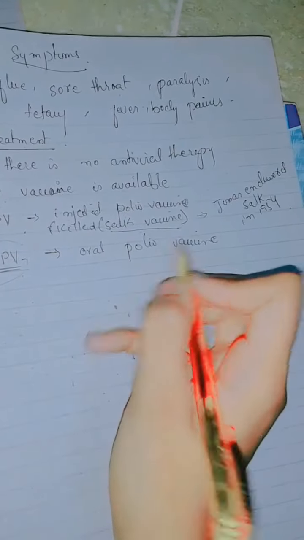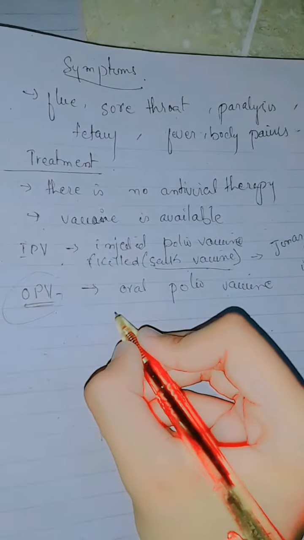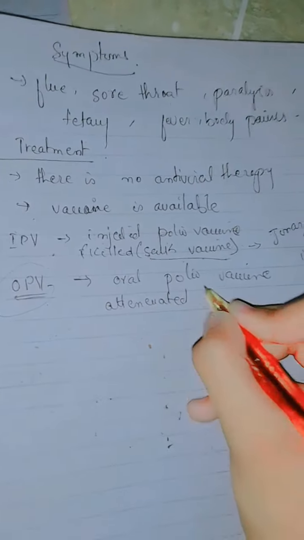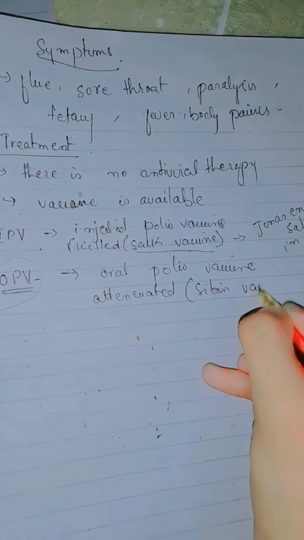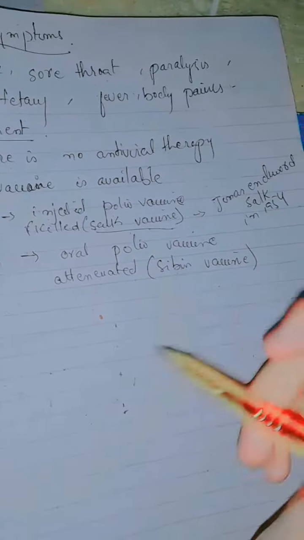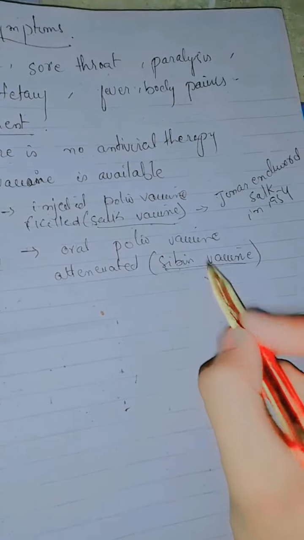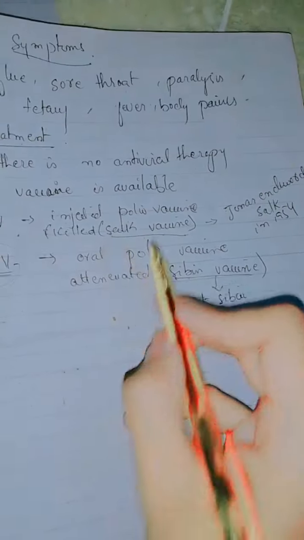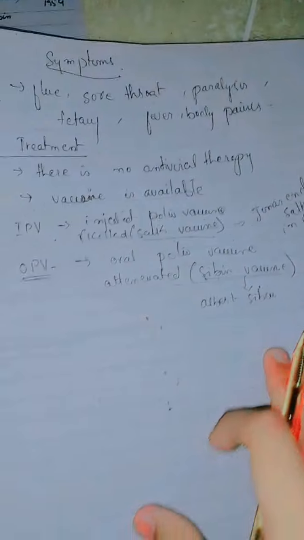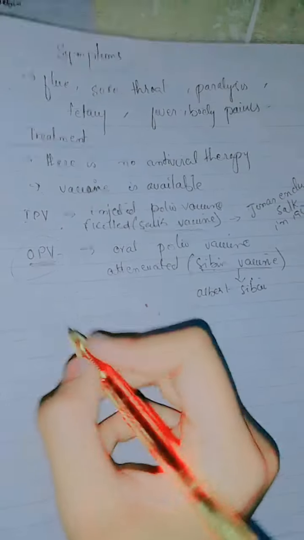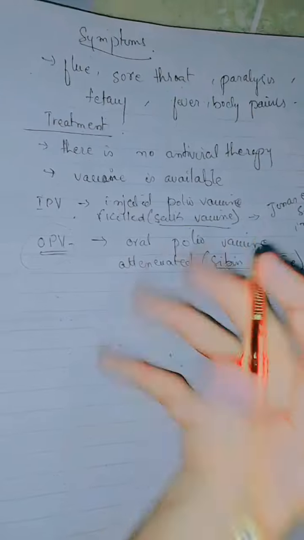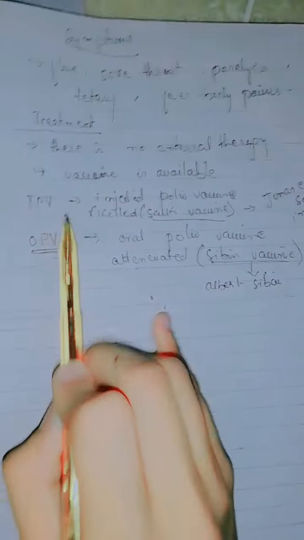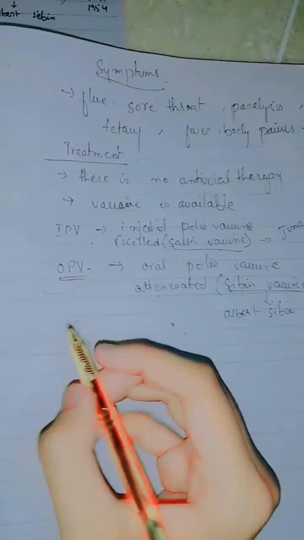And the OPV vaccine, the oral polio vaccine, is also known as the attenuated Sabin vaccine. Why is it named Sabin vaccine? Because there was a scientist, Albert Sabin, who discovered this oral polio vaccine against polio virus. That was all about the treatment: the vaccine is available and that is the best vaccine, but it is not available in Pakistan. The vaccine we are getting is the OPV vaccine.